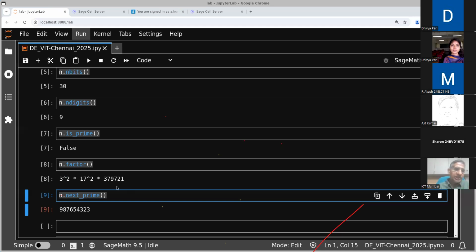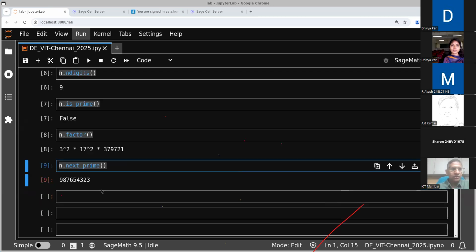All these methods you can very easily apply, right? Of course, there are functions also that can be applied, but these are methods because it created n as an object, and all the methods that you can apply, you can simply access using dot tab. The same thing you must have seen in Python programming. You have already learned, I think, Python classes. So all these concepts you must have seen, right?